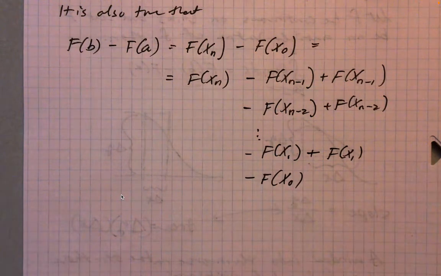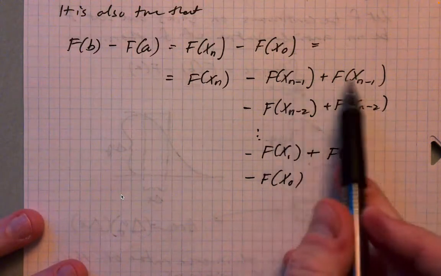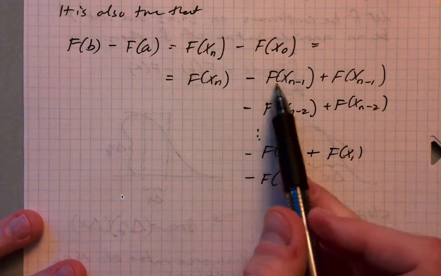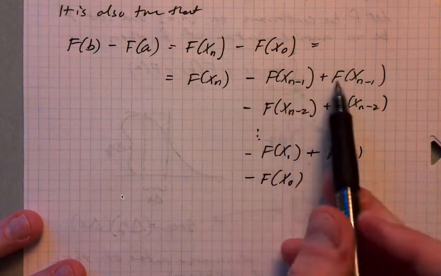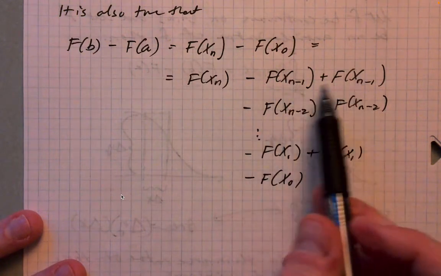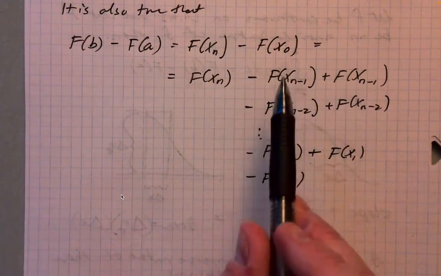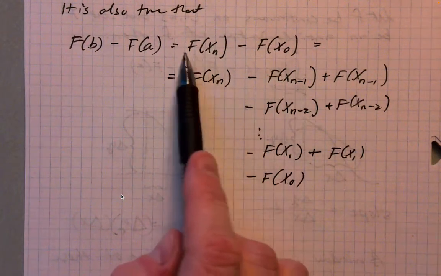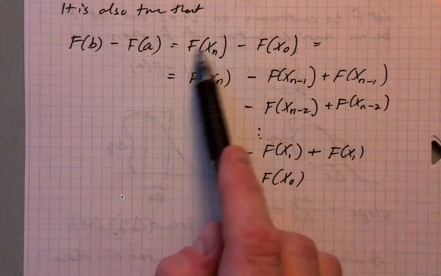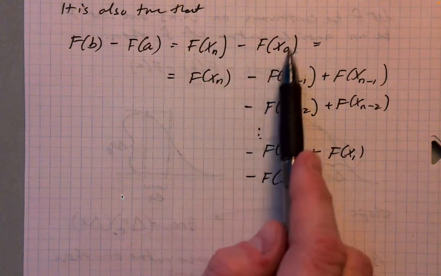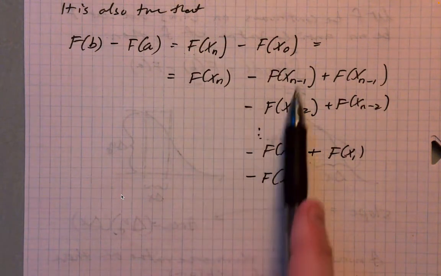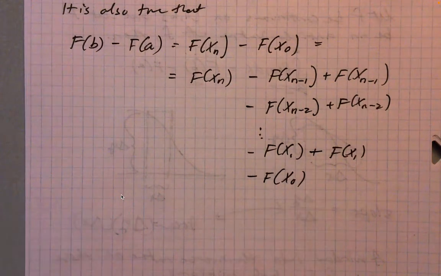Now, what have we done here? Well, each of these pieces we're just subtracting and adding the same term each time, right? So all this stuff in the middle is really just algebraic trickery. And really what's important is this F of xn and this F of x0. Those are still in place, and there's all this stuff in the middle that is a little bit of an algebraic trick.